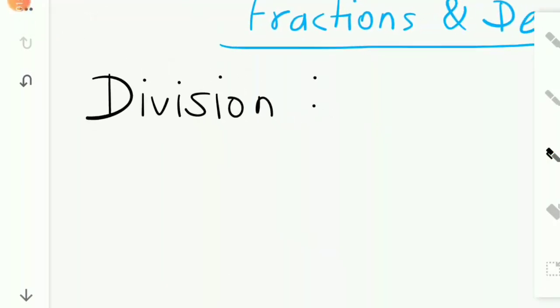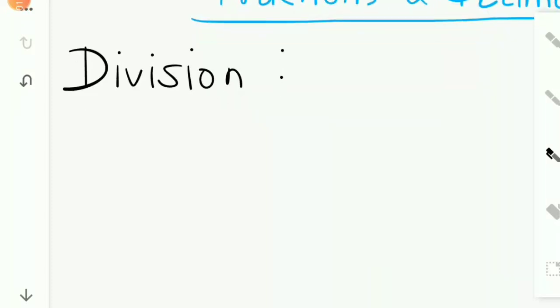Now let's do division. First is division of whole number by a fraction.